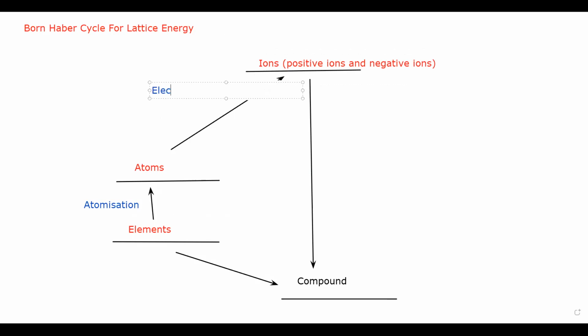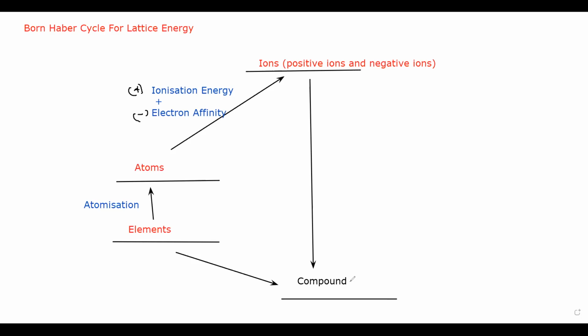We call that ionization energy. When a negative ion is formed, the electron is added, so we call that electron affinity. So when atoms are forming the ions, if it is forming a positive ion, it is ionization. If it is forming a negative ion, we call that electron affinity.